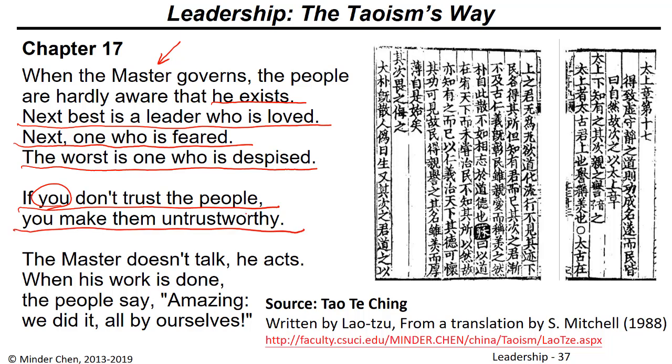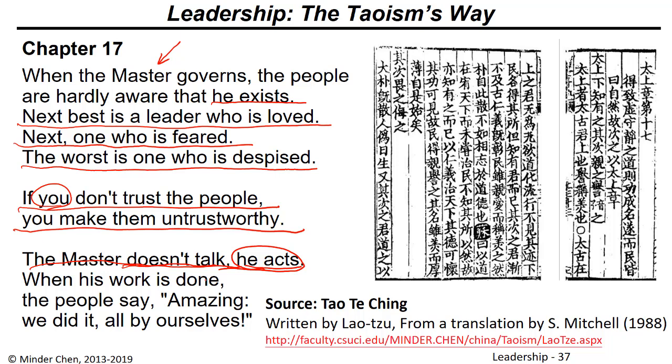They will behave in a way that seems untrustworthy. When the master, the leader, doesn't talk, he acts, which means you have to walk the walk, not just talk the talk. So the great leader doesn't just talk, they act.